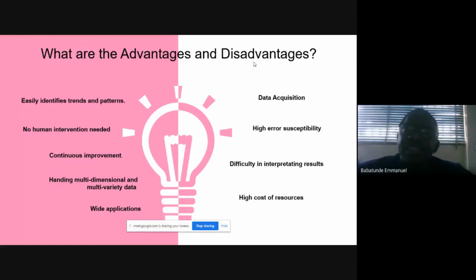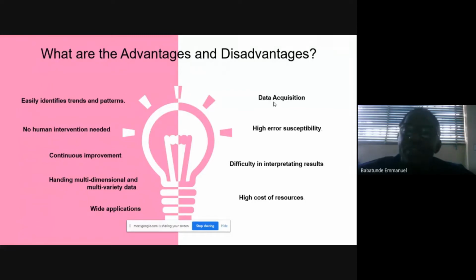Now, what are the disadvantages? The number one challenge in the application of machine learning is data acquisition. The task of data acquisition is enormous. It involves a lot. And getting correct, well-defined, well-characterized data is huge work, and that is still a challenge in the application of the field of machine learning.